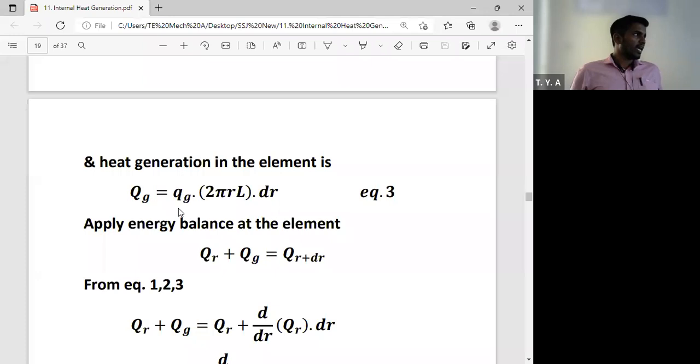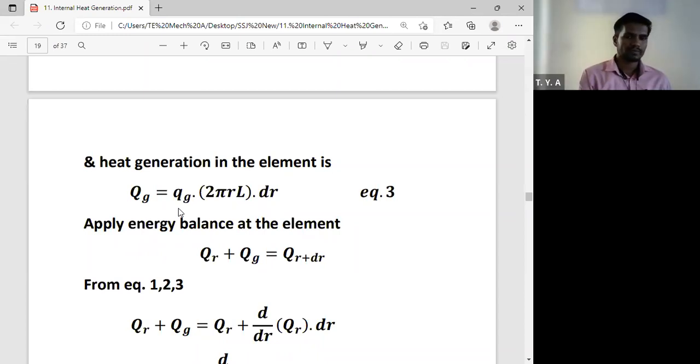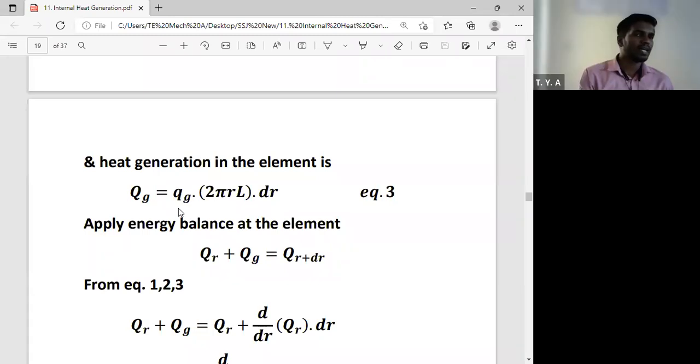हीट जनरेशनचं इक्वेशन काय, for the cylinder, जनरल इक्वेशन काय असते हीट जनरेशन, काय असते? हीट जनरेशन व्हॉल्यूम इंटू आपण काय म्हणतोय, small qg. Okay, so what is the volume for the cylinder? सिलेंडरचं व्हॉल्यूम काय असते, 2 pi RL into dr, जो काही थिकनेस असणार आहे त्या एलिमेंटचा.